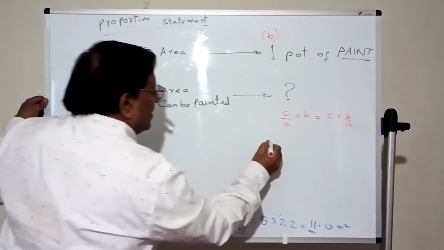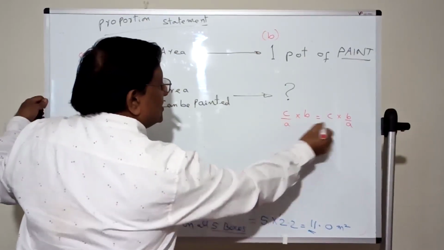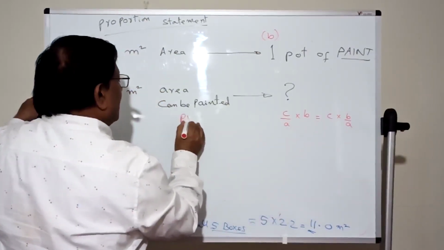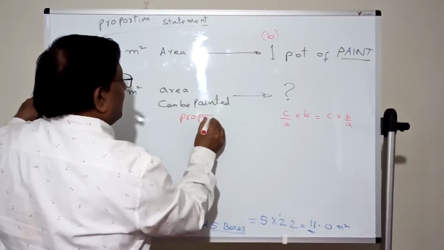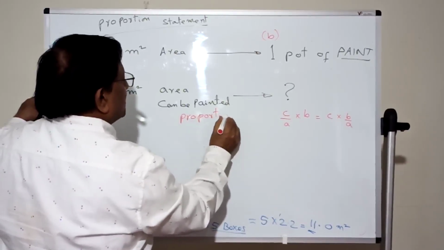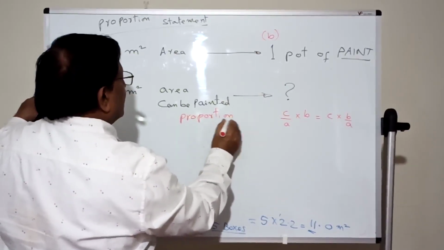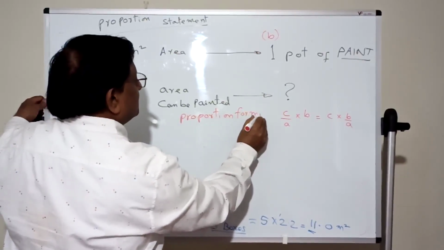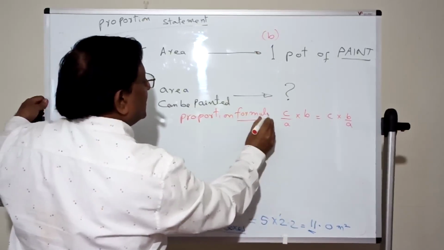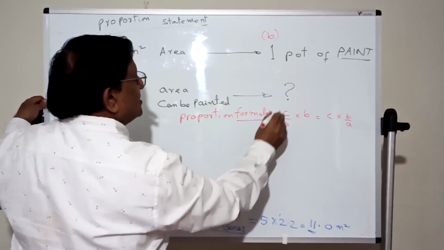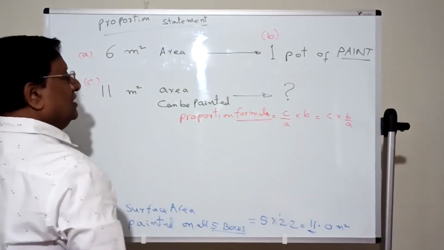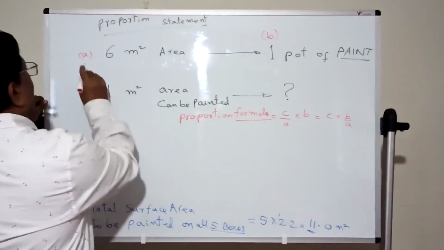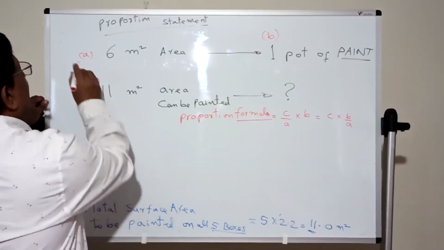This is called the direct proportion formula, not inverse proportion. You better remember this: C over A times B, or C times B over A.